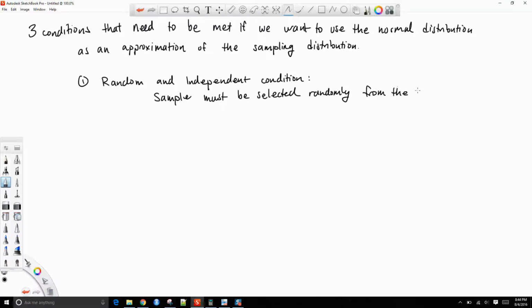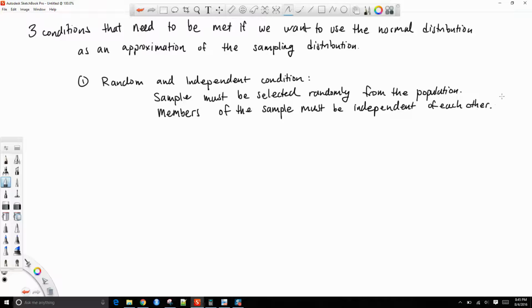Okay, and members of the sample must be independent of each other. Okay, so if the problem says it was randomly selected, then you can assume this condition is met.